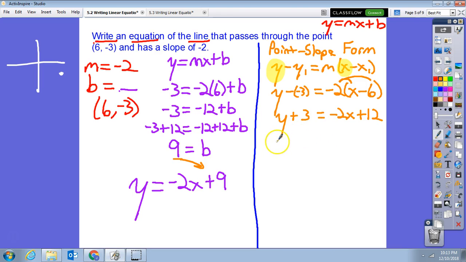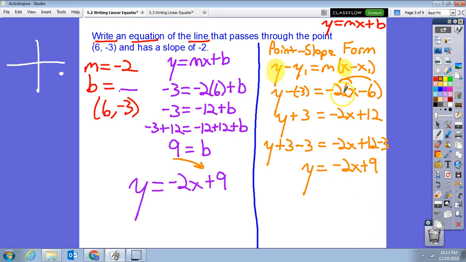And then you're going to take this and get rid of the plus 3 by subtracting 3 on this side. And what you do to one side, you got to do to the other. So you subtract 3 on this side. That gives me y equals negative 2x plus 9. Notice your answer is exactly the same.